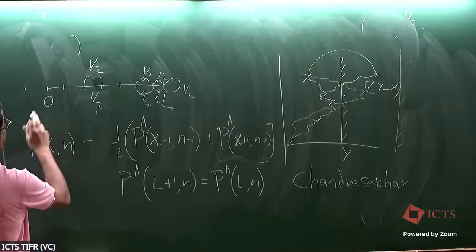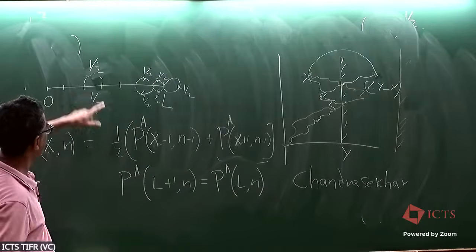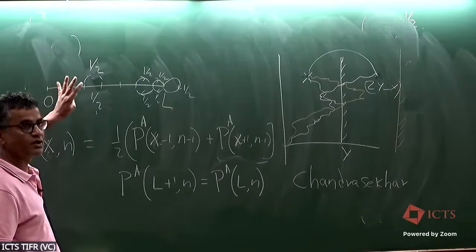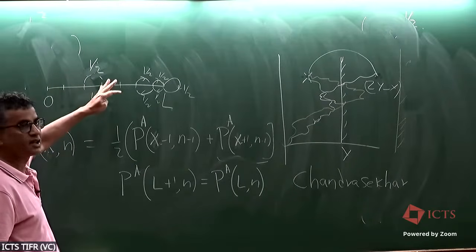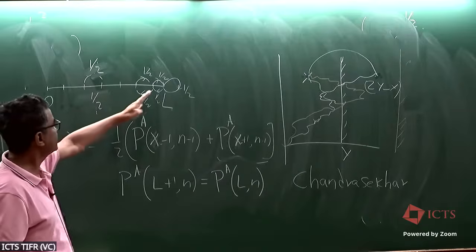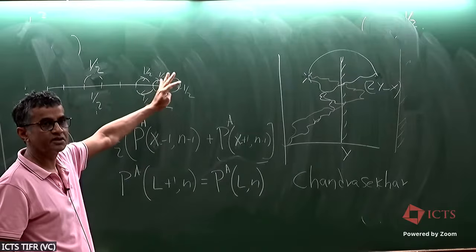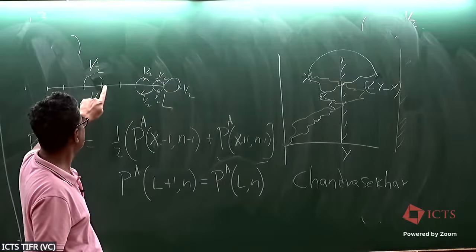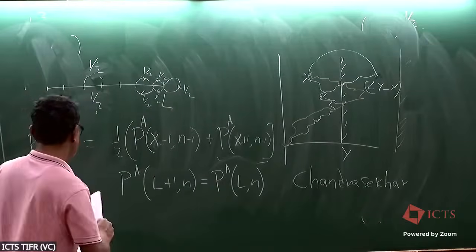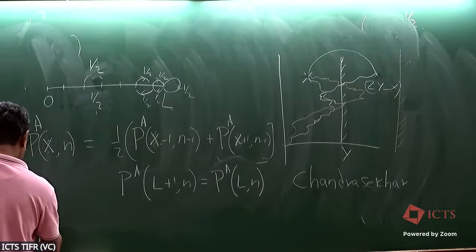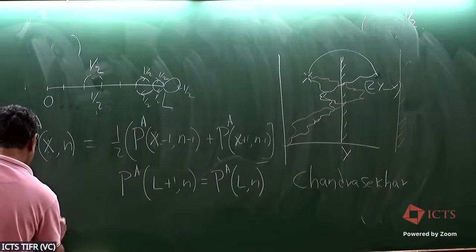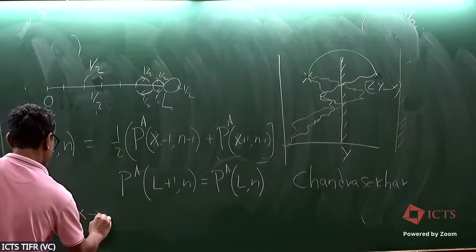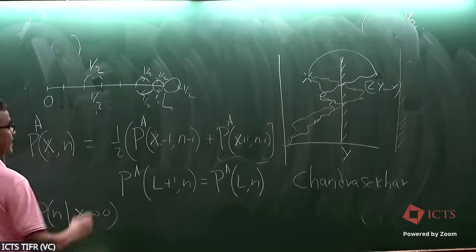Supposing what we are interested in is the first passage from some point x to 0, then this boundary becomes irrelevant. This I think is part of the assignment: find the first passage from some point x to 0 in this finite lattice.